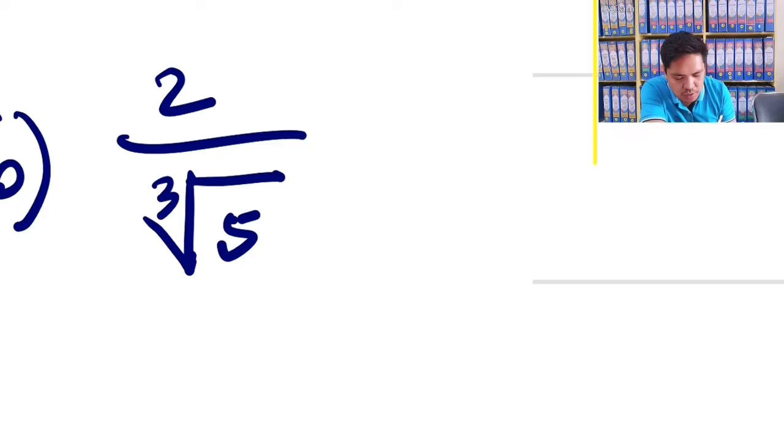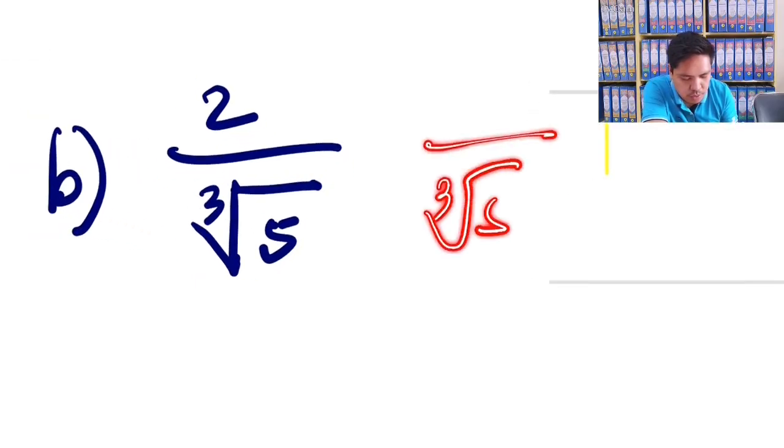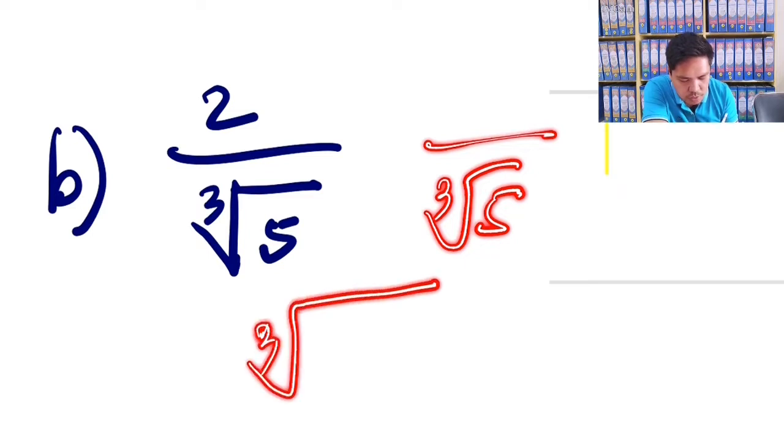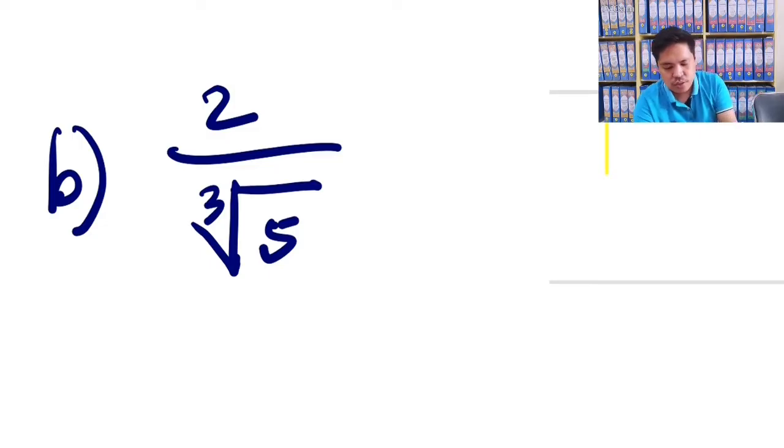Kasi magiging multiply this by cube root of 5. That would be 5 times 5. So, that would become cube root of 5 squared. Hindi na cancel out yung radical, yung cube root. So, di siya pwede. So, ganito na lang.